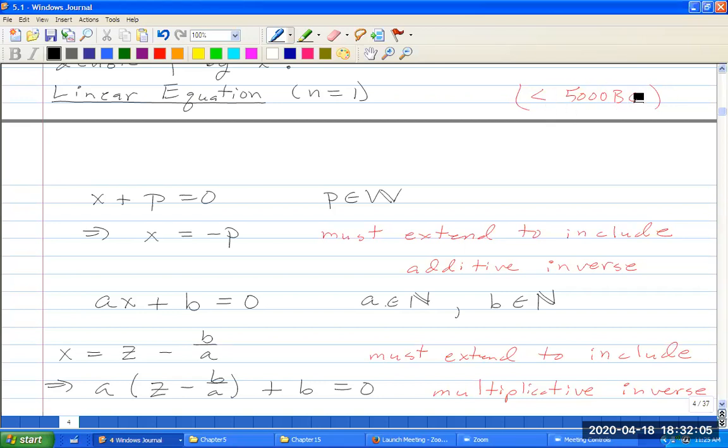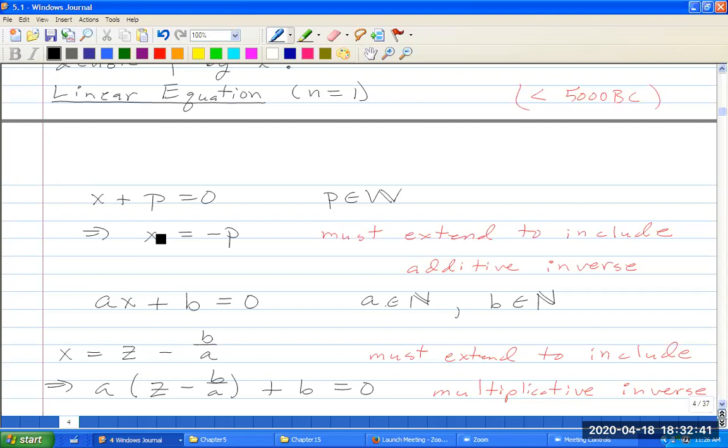This has really been solved for at least since around 5000 BC. At least, before 5000 BC, so it's older than that. Suppose P is a whole number, and I want to solve the equation x plus P equaling 0. Then x is equal to minus P, but minus P is not a whole number.